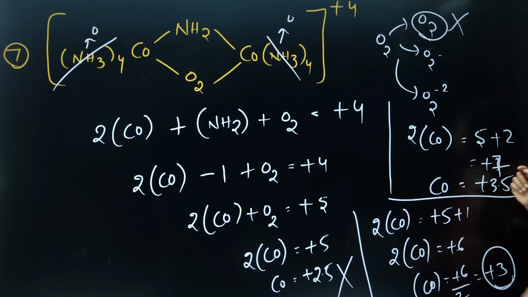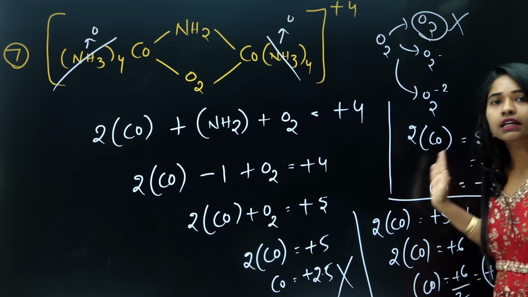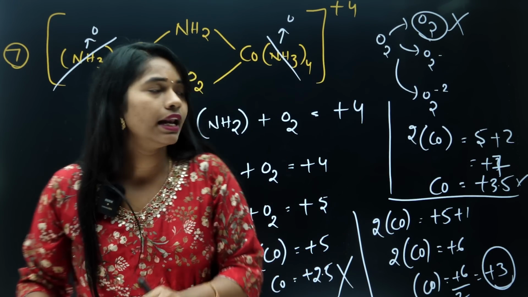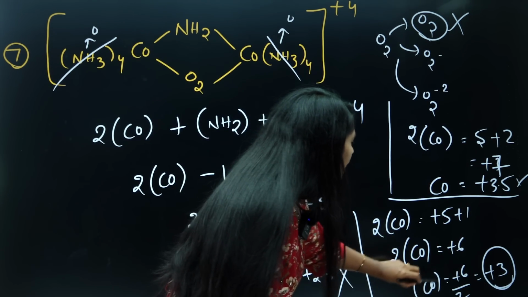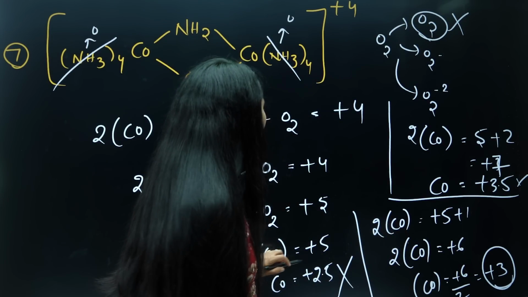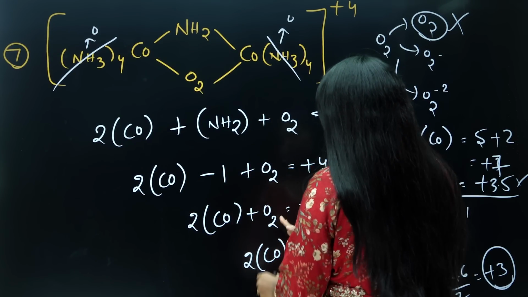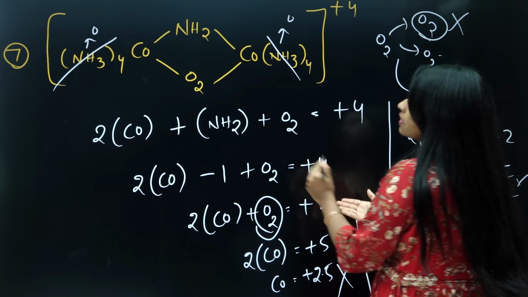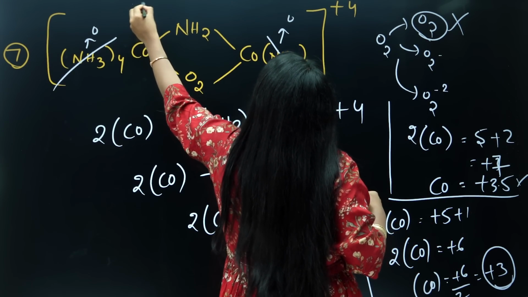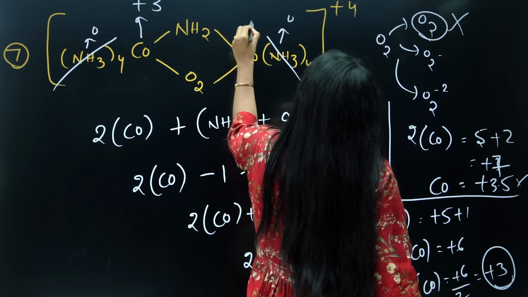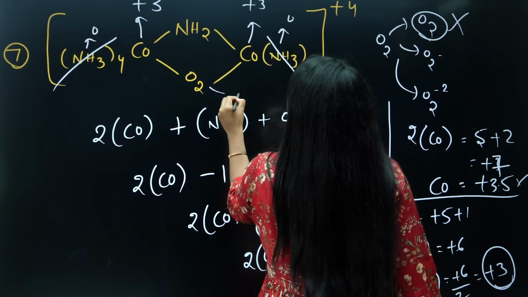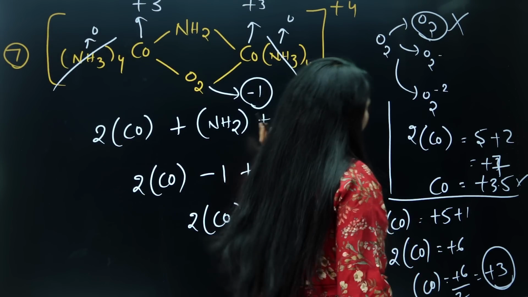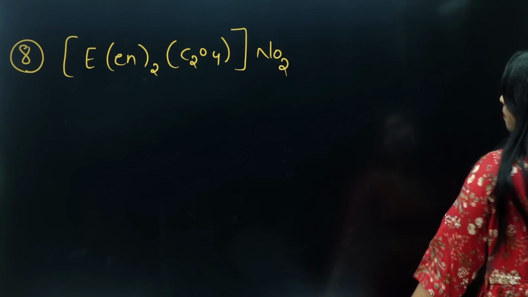So this is also not a possibility. Got the clarity? Then which one is the correct option? It is O2 equal to -1. If you keep -1, CO oxidation number is +3. Here it is +3, here it is +3. In this complex, only one O2 is there, and it is -1.